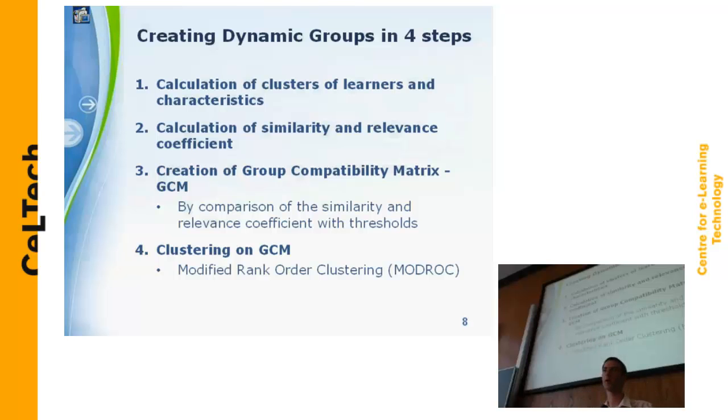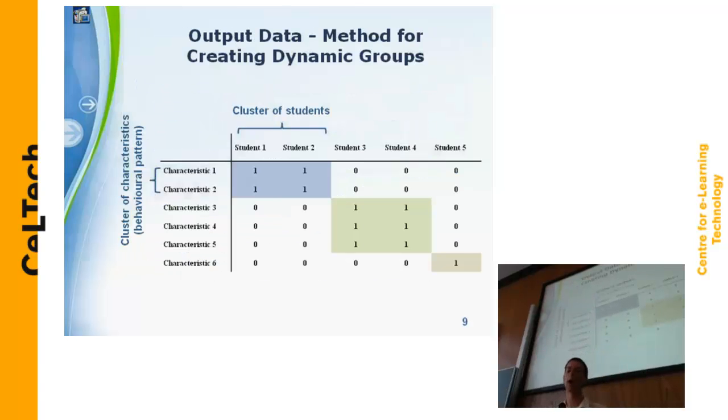Afterwards, clustering of this matrix is performed. And the result is that we have identified clusters of students and characteristics which are typical for these students. A cluster of students can be really big. They can contain tens or hundreds of students, and we can create a particular group from students within one cluster.